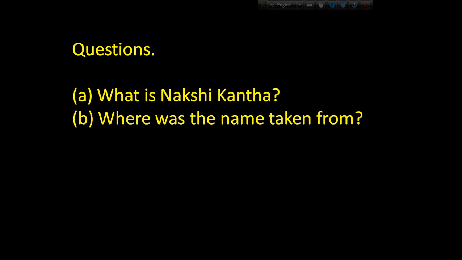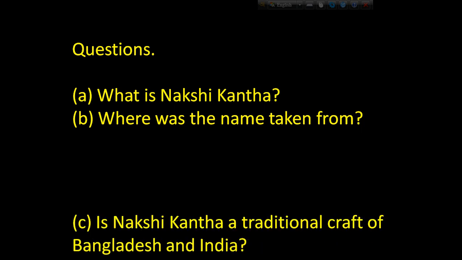Actually, in Bangladesh, a lot of words we are using have come from different countries. For example, rickshaw, then Naksha. Okay, a lot of words have come from other countries.